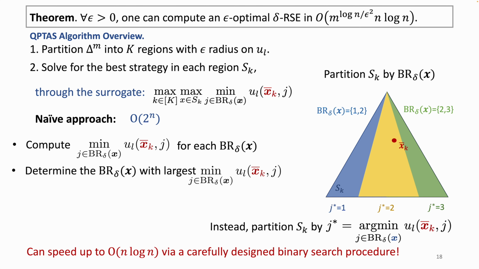This trick helps us achieve a speedup to n log n time using a carefully designed binary search procedure. Therefore, the final time complexity is K times O(n log n).